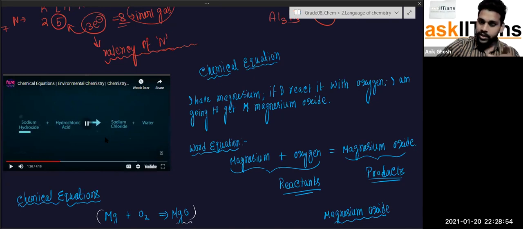Okay, I think you can understand the arrows are pointed from left to right. From there, I think you can understand the left side ones are the reactants and the right side ones are the products.